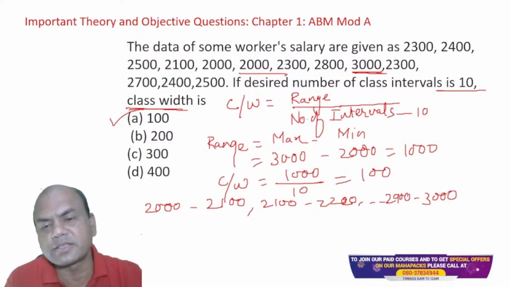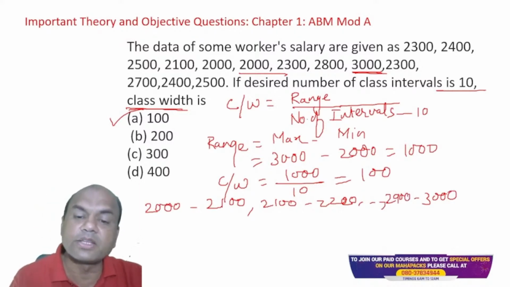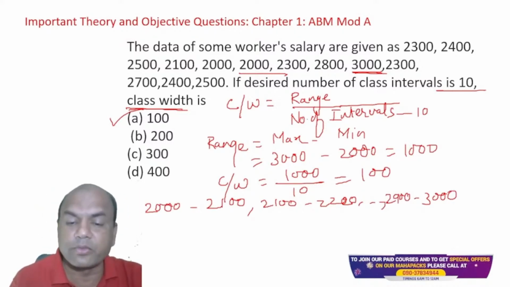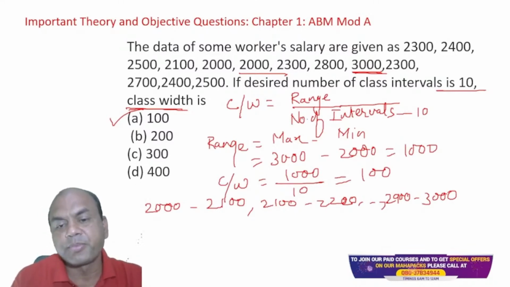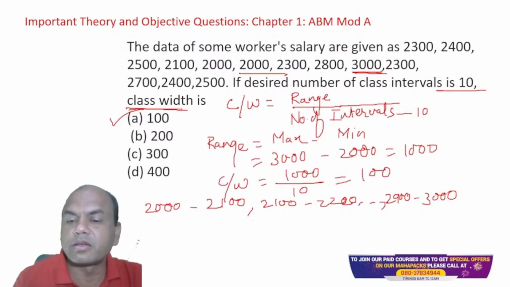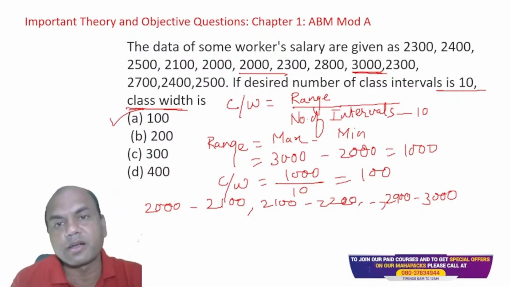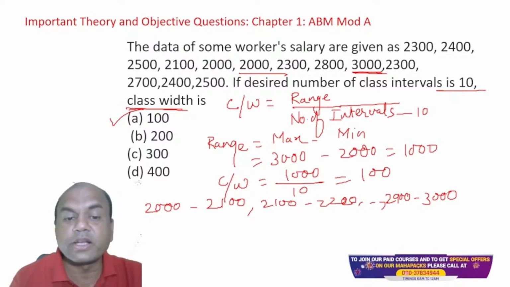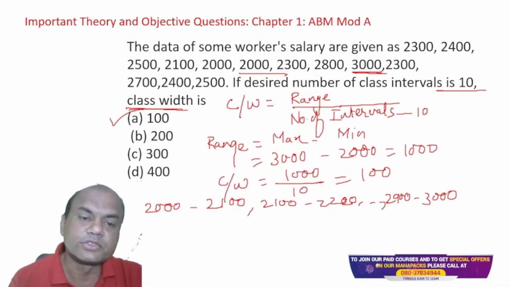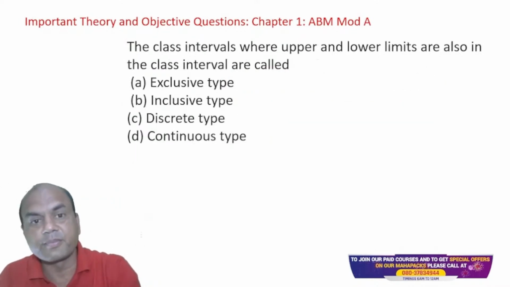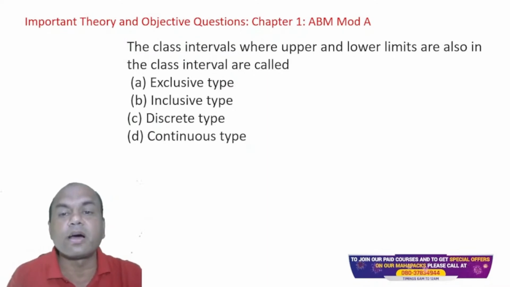So this is the meaning of width. Now check the difference for each one: 2200 minus 2100, 3000 minus 2900, 2100 minus 2000. The width will always remain the same. So this is 100.